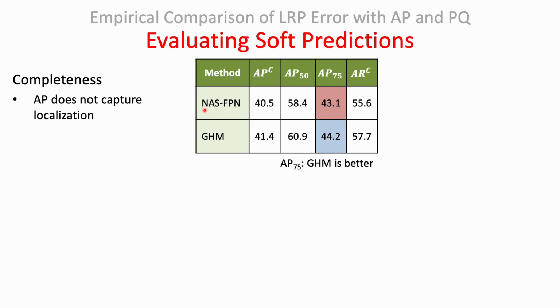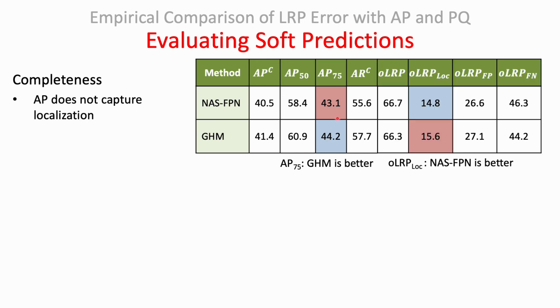For example, NAS FPN is expected to perform better than GHM in terms of localization, and with average precision, to compare the performance of detectors in terms of localization, average precision at 0.75 intersection over union threshold is used, and we see that actually the AP75 value for NAS FPN is lower than that of GHM, which is counterintuitive. If you look at the optimal LRP values, the localization component of optimal LRP, we see that as expected, NAS FPN is actually doing better than GHM in terms of localization quality.